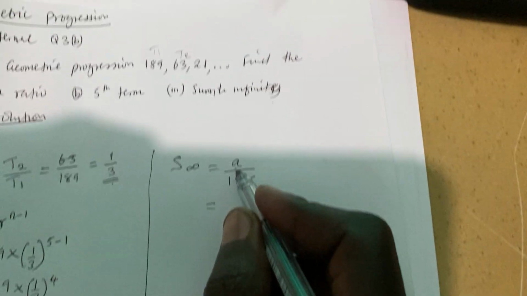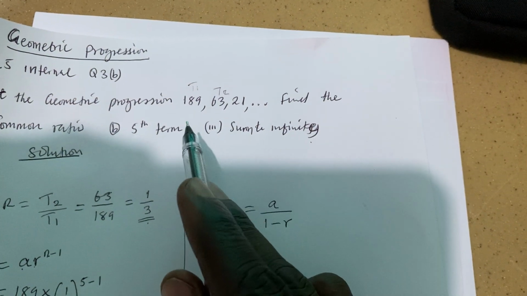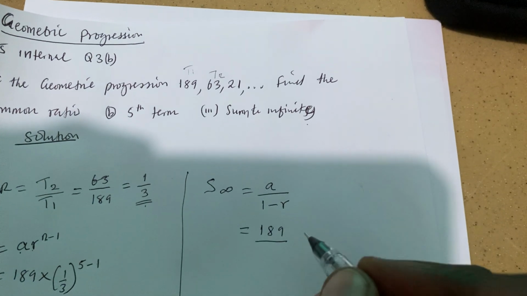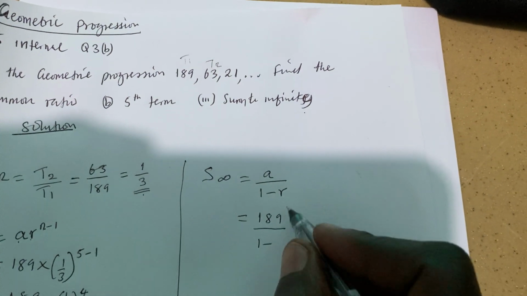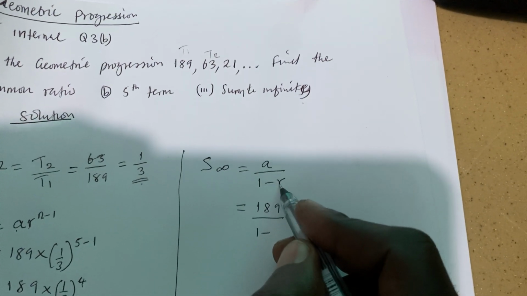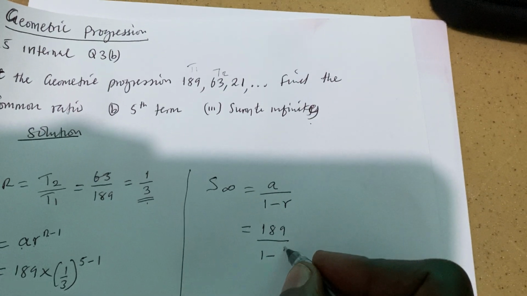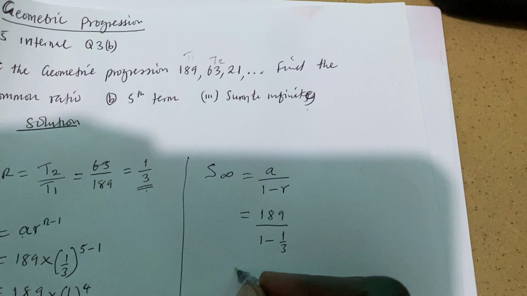The first term we have as 189. So I have 189 divided by 1 minus the common ratio. Our common ratio, we found it as 1 over 3.